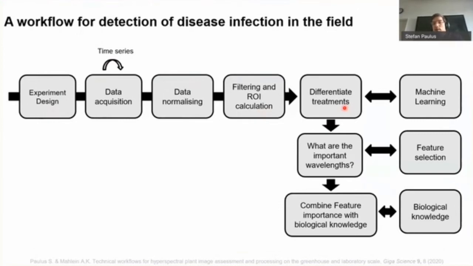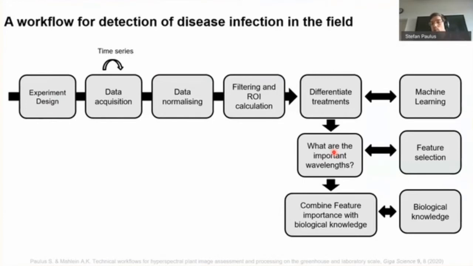If we can do this, the next question is, do we really need hyperspectral, or can we switch to a multispectral approach? Then you have to calculate an importance for the different wavelengths, because in the end you want to use a multispectral camera in the field instead of a hyperspectral camera, and reduce the amount of work you have.